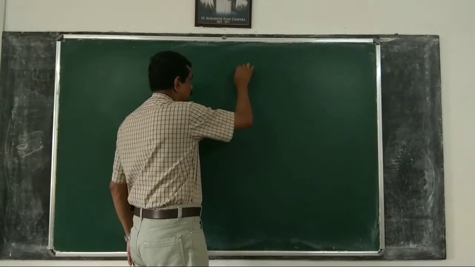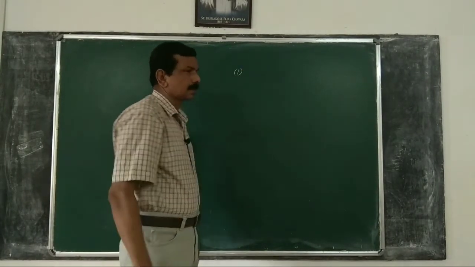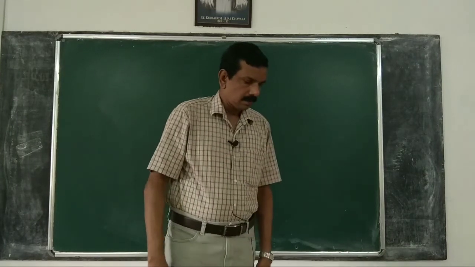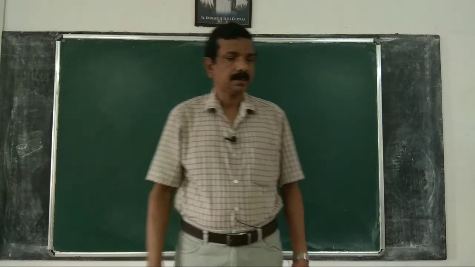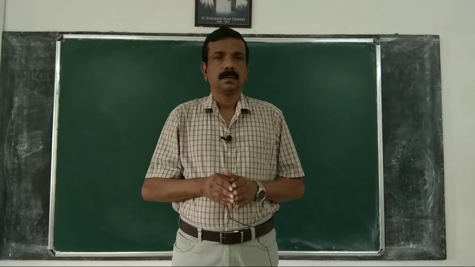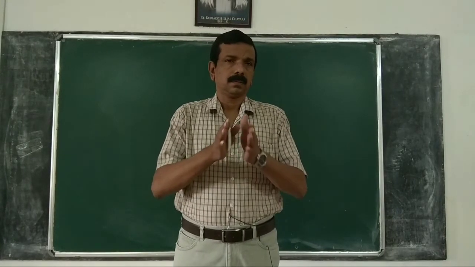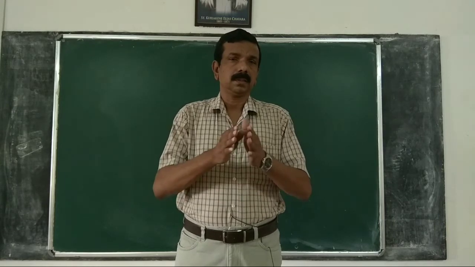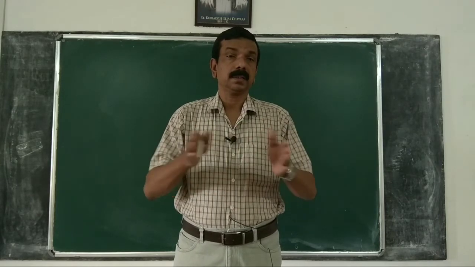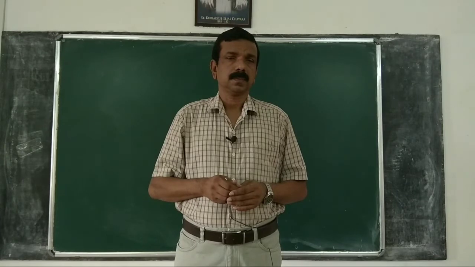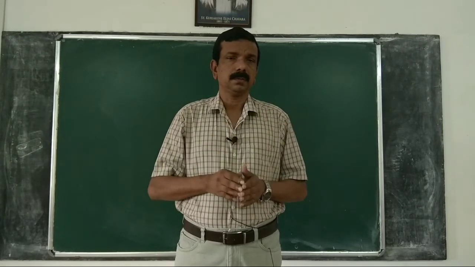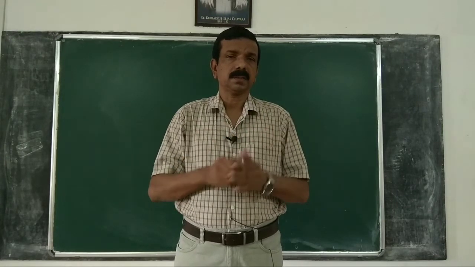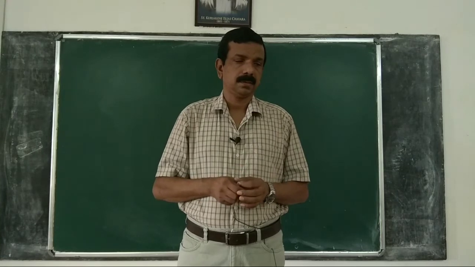Assumption number 1. We have specified earlier that the first assumption is linear in parameters, linear regression model. That is why the dependent variable is a linear function of the parameters.